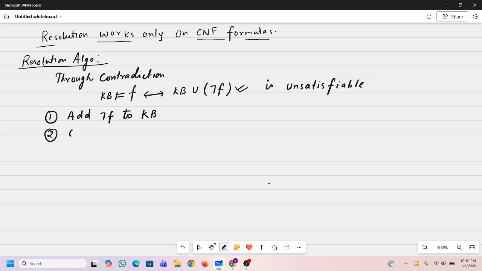In the second step we are going to convert all formulas to CNF form, right? And then in the third part we will repeatedly apply resolution rules.